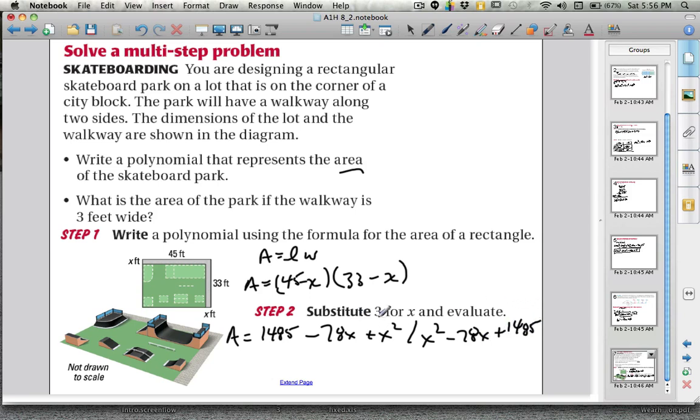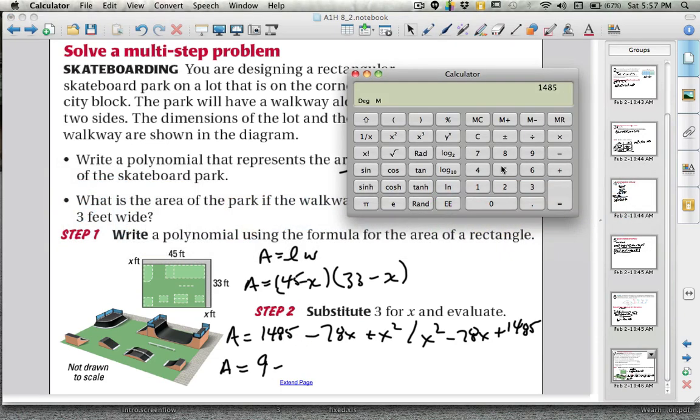Okay? If we're going to figure out the area of the park, if the walkway is 3 feet wide, I need to substitute 3 in for x. So I'll have x squared is 9. 3 times 3 is 9. Minus 78 times 3. 78 times 3 is 234.